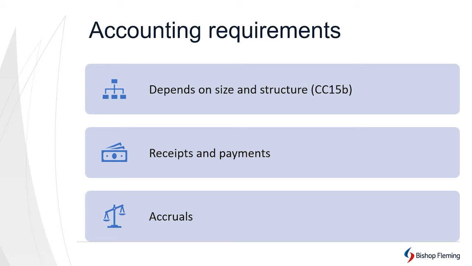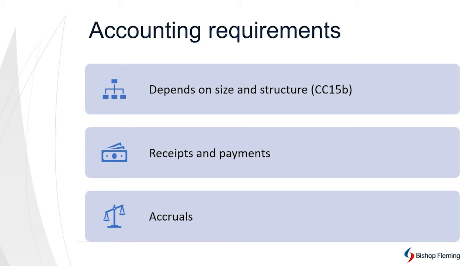The alternative to the receipts and payments format of accounts is accruals accounting. This is traditional accounting that all companies have to comply with anyway, and all charities with income of over £250,000 must do this form of accounts. Accruals accounting is when we're not so much looking at the cash itself, we're looking at what the actual transaction is, regardless of when cash is received.